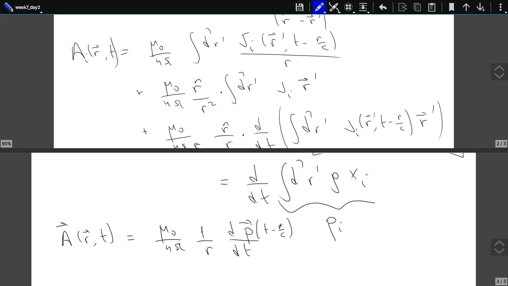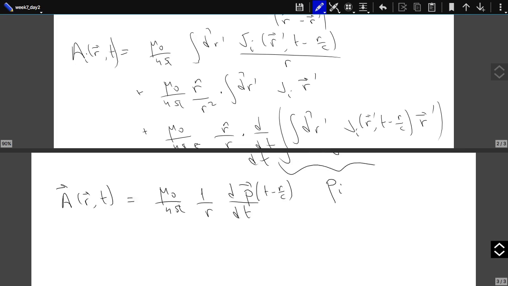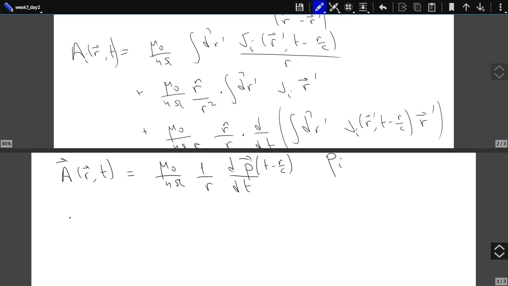But let's try to relate the other term to the magnetic dipole moment also. Okay? Now, what is the definition of our magnetic dipole moment? Do you remember? Let's say at the time t, this will be j r prime t cross, dV.